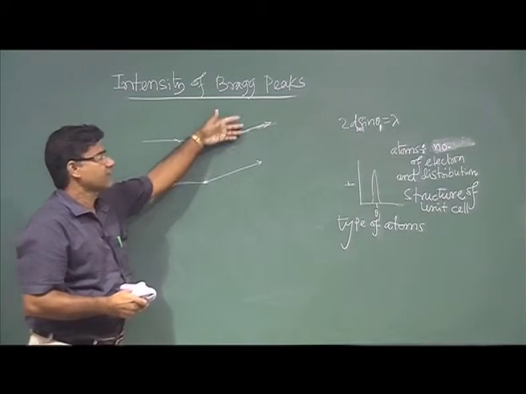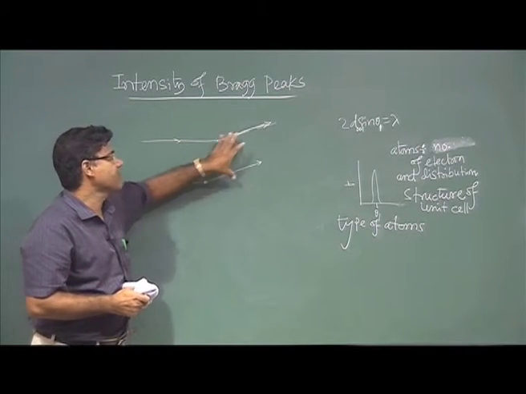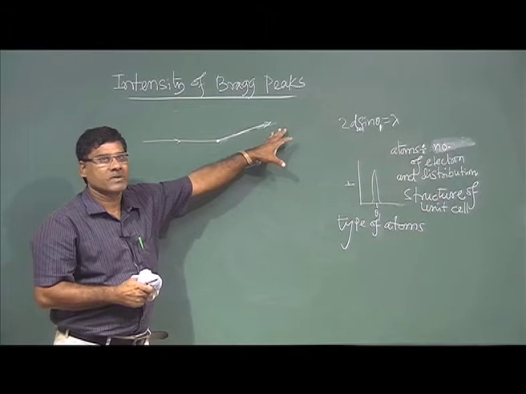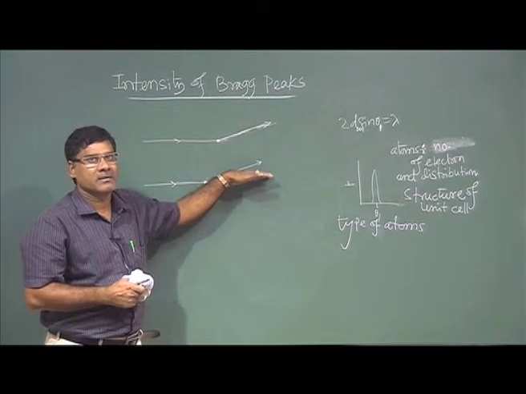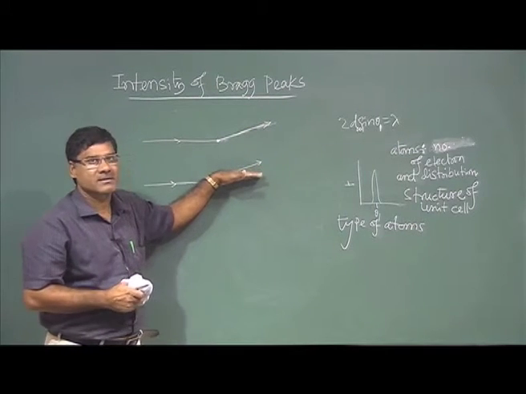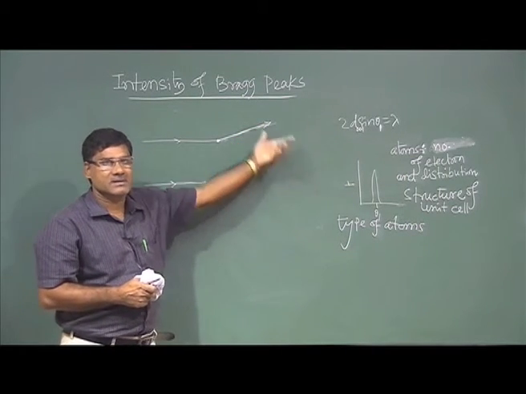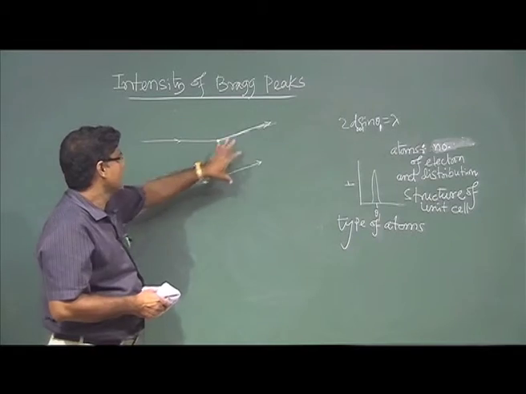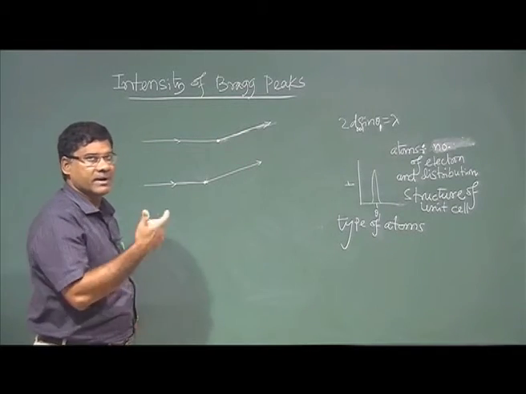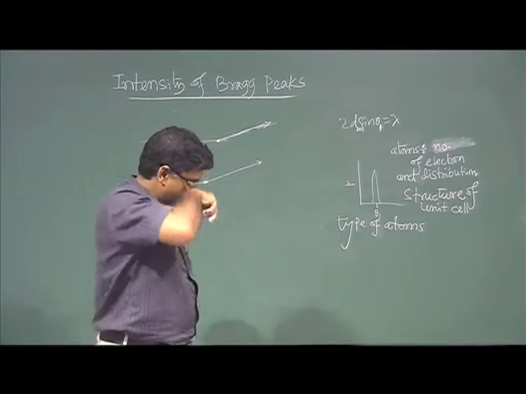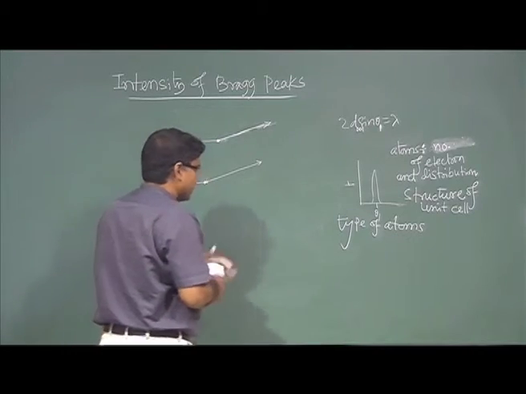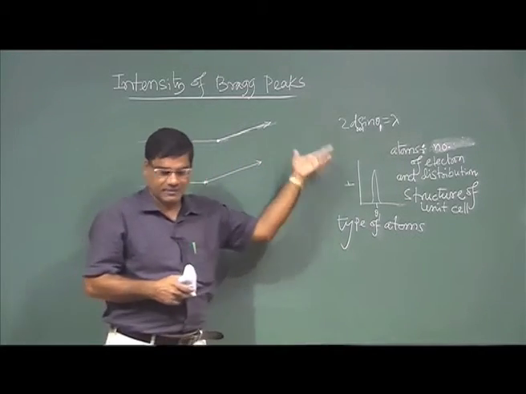If we take this from each, at one direction, these two will be parallel, scattered in a particular direction. If we see the interference between these two, then we will see whether we get constructive interference or destructive interference.